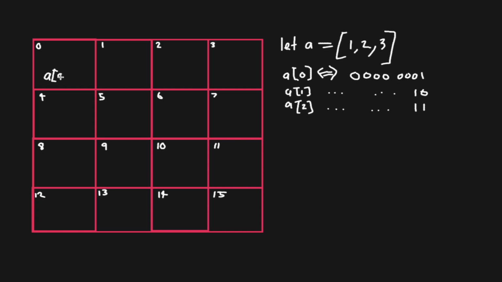So we're going to say A0, and we know this is equal to 1. It will actually get stored in binary numbers. Then the second free memory slot here, the first element in the array, and then the second element, or the second index in the array, I should say.